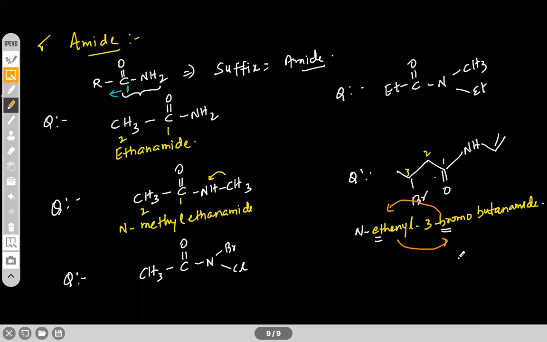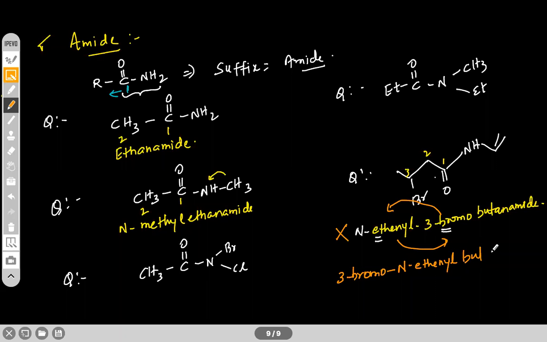Correct, Archit? So the name of this compound is what? This one is wrong. The correct one is 3-bromo, then N-ethynyl, butanamide.